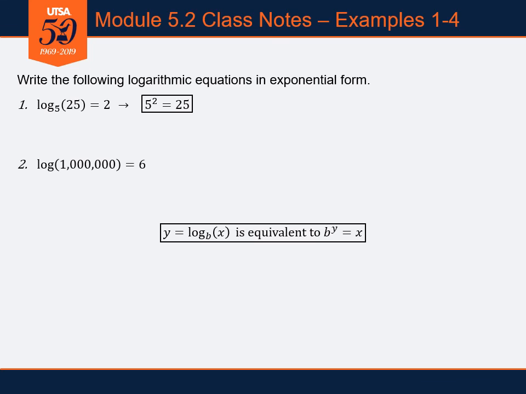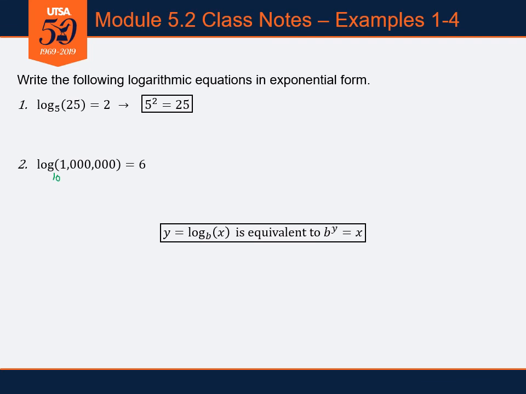And in question 2, we've got log of 1,000,000 equals 6. Now, this doesn't show a base, but you have to read and understand that if you just have the word logarithm, then it is implied that you're looking at a base 10. So log means log base 10. So we have log base 10 of 1,000,000 equals 6.